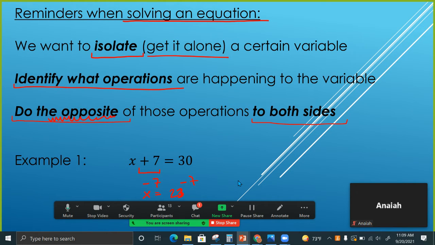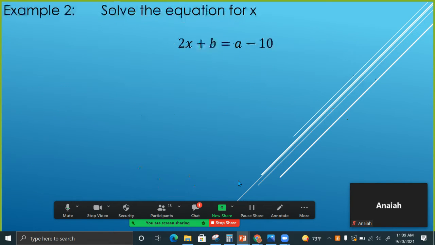So I just wanted to go over those again with you because we're going to be using this same approach for all of today's problems. But it's going to look a little more complicated because we've got more than one variable going on in our examples. Here we go. Let's try this one. Example 2. So here's a proper literal equation because it's got x, b, and a in it.